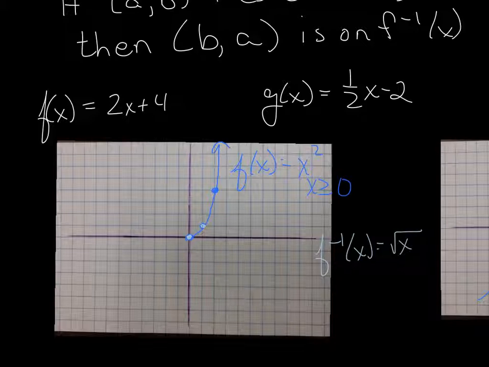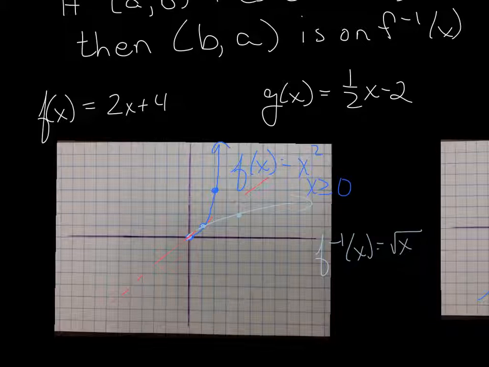So what am I going to graph on the inverse function? 4, 2. So the inverse function looks like this. And if we check it, that does reflect across the line y equals x. So just a demonstration there.